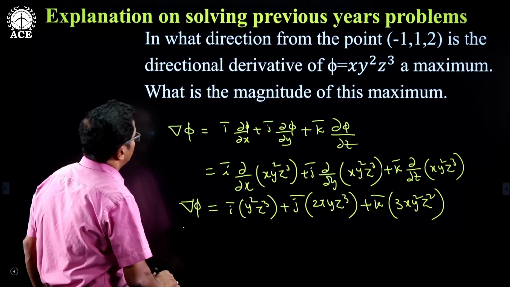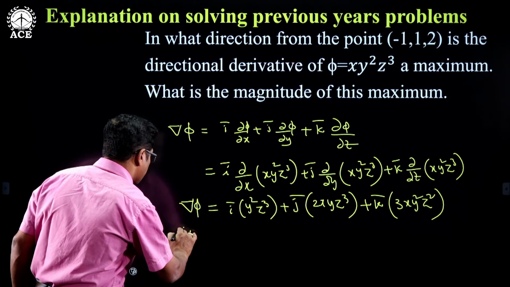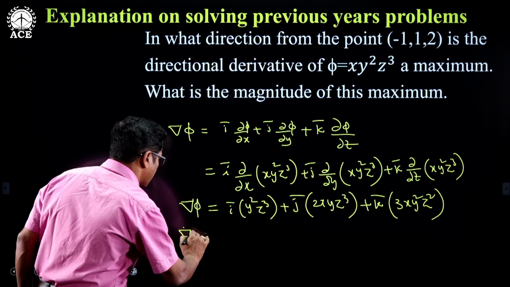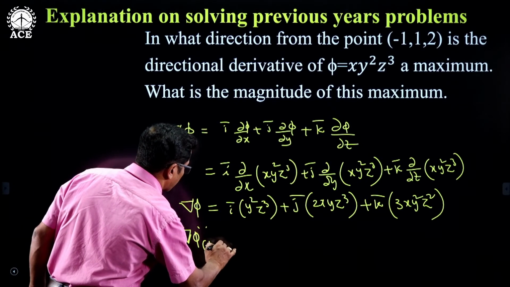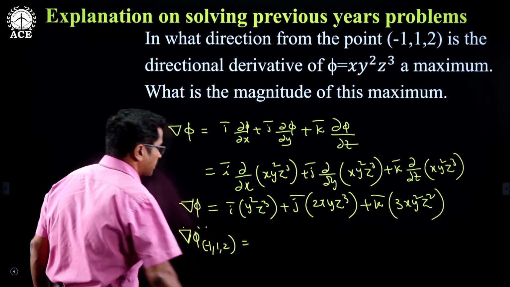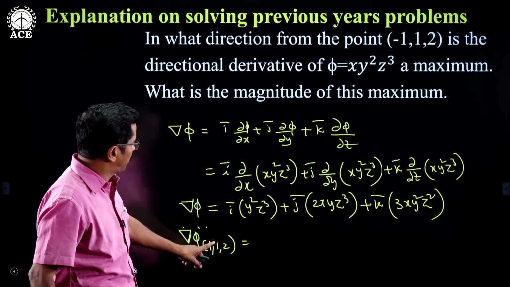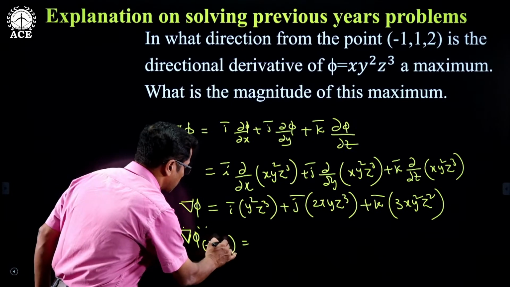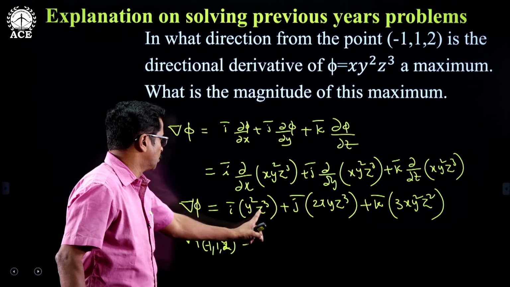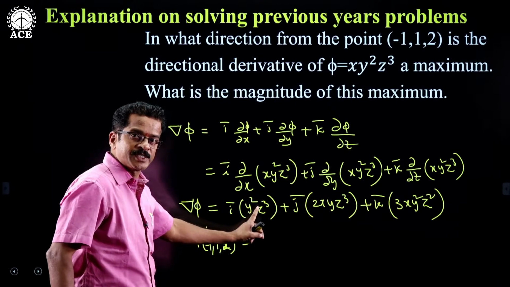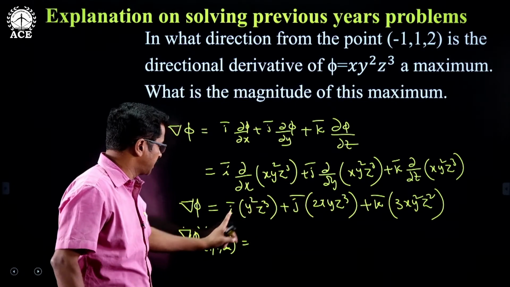So now in which direction? Del phi at the point minus 1 comma 1 comma 2. Substitute x by minus 1, y by 1, z by 2. So 1 square is 1, 2 cube is 8, 8 into 1 is 8, 8 i bar.